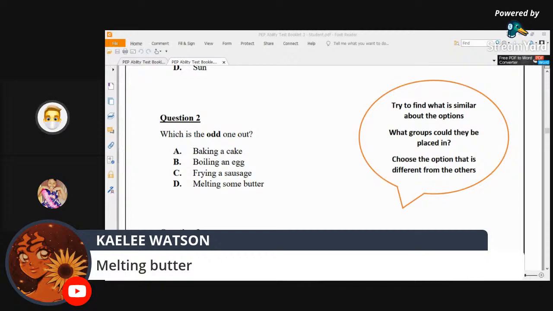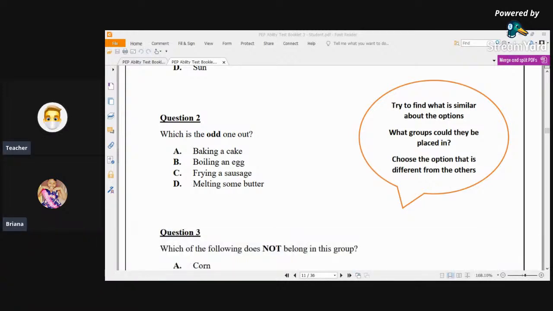If it is melting butter that is different, why is melting butter the odd one out? Why? Let's get a few responses where that is concerned.